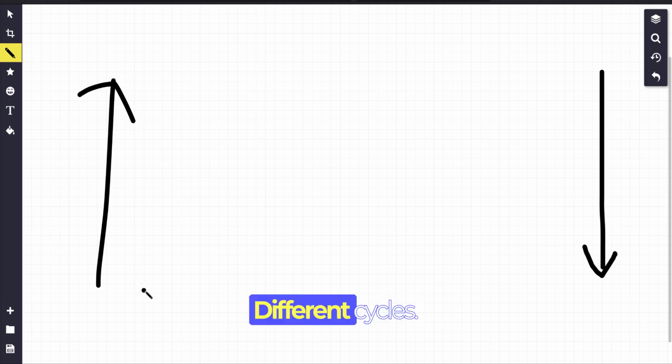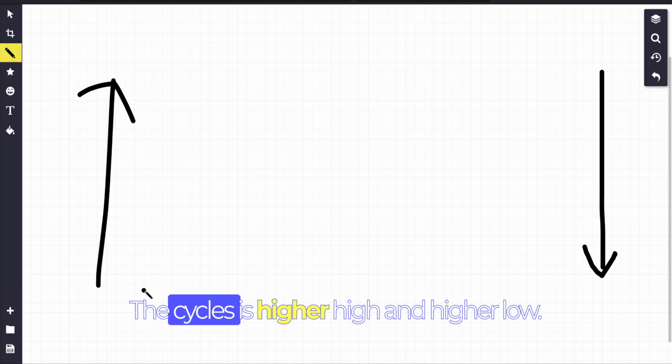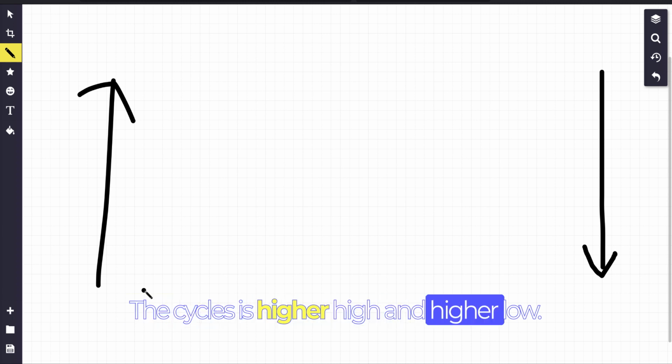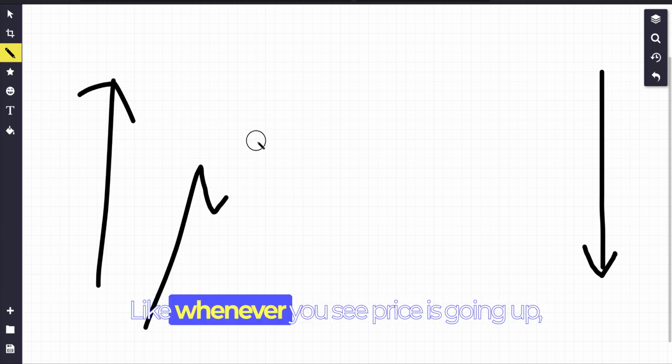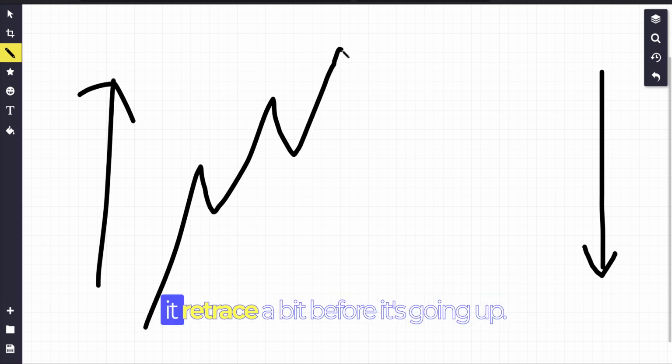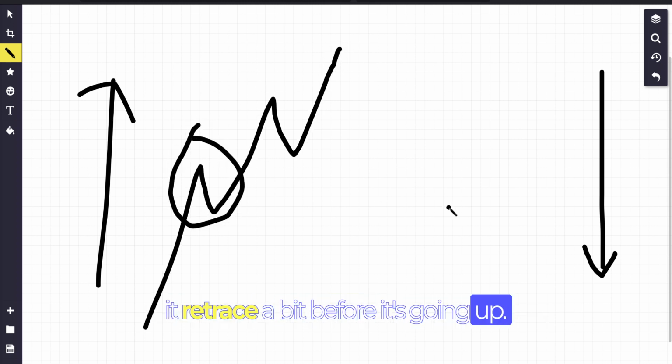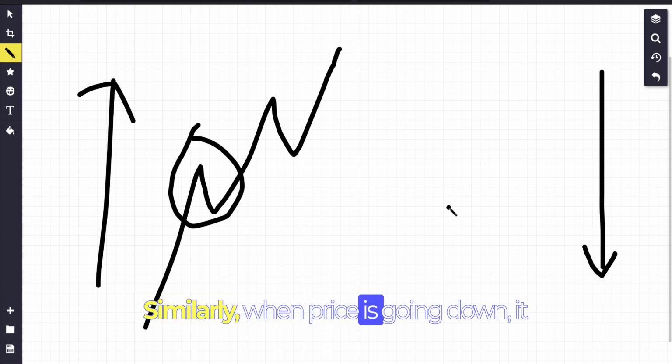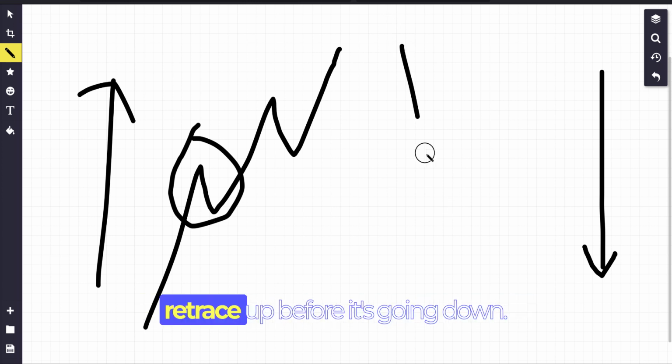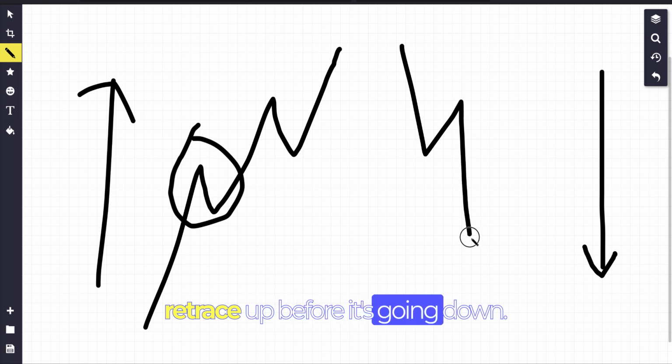What parts? Different cycles. The cycles are higher high and higher low. Whenever you see price going up, it retraces a bit before going up again. Similarly, when price is going down, it retraces up before going down.